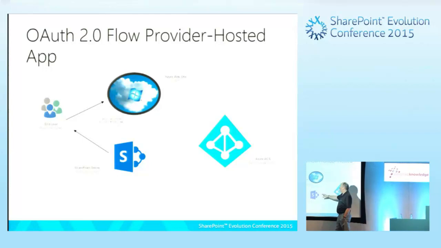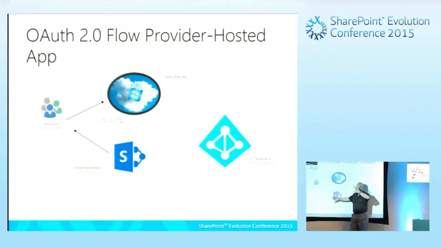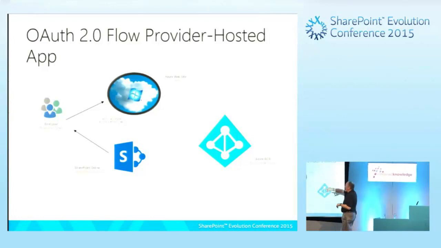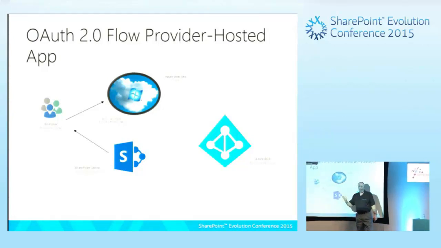I didn't show you user authentication yet, but you can imagine that happened. We saw that flow before. So the user's authenticated here and the app wants to do something. You click on the site contents icon for the app. I get this context token from Azure Active Directory that says it was SharePoint Online, this tenant ID, this site, whatever the URL could be, and that gets sent back to the browser and then posted to my app.